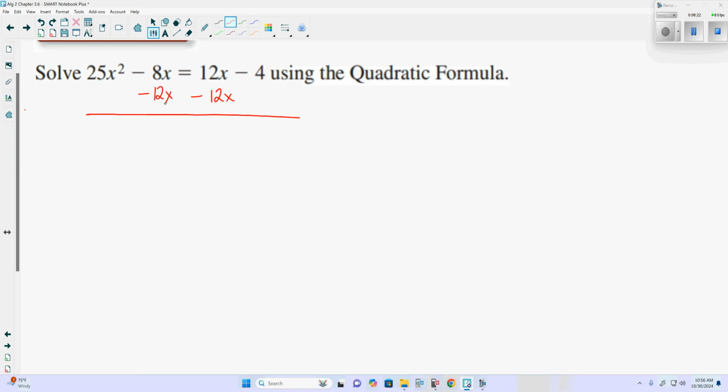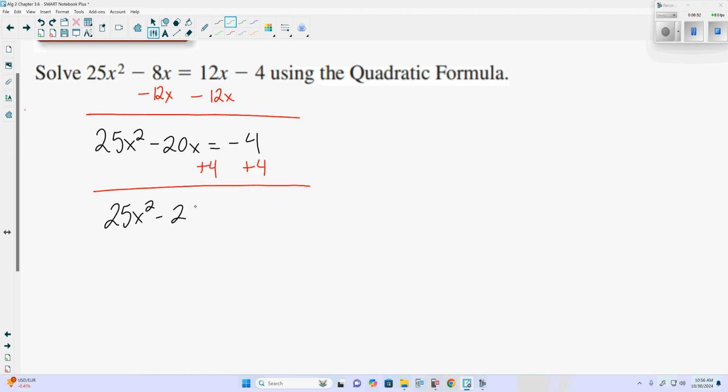If we can, I would try to keep the a, that 25, the x squared term, positive. So we can subtract 12x first, which would give us 25x squared, negative 8x minus 12x is going to be negative 20x, is equal to negative 4. 25x squared minus 20x plus 4 is equal to 0.